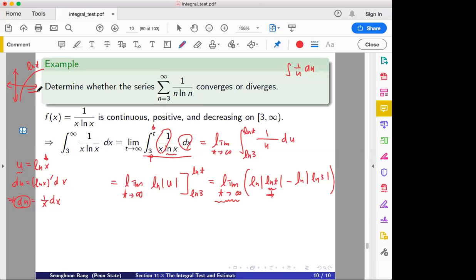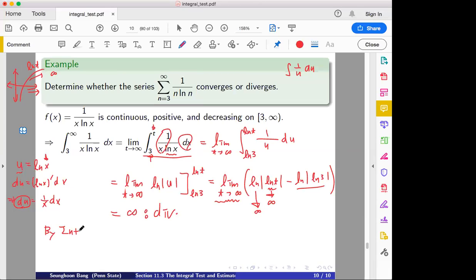As t approaches infinity, the ln function goes to positive infinity. The ln of infinity is also infinity. This is a finite number. Infinity minus a finite number is infinity. So what does it mean? The improper integral is divergent. So we can use the integral test.